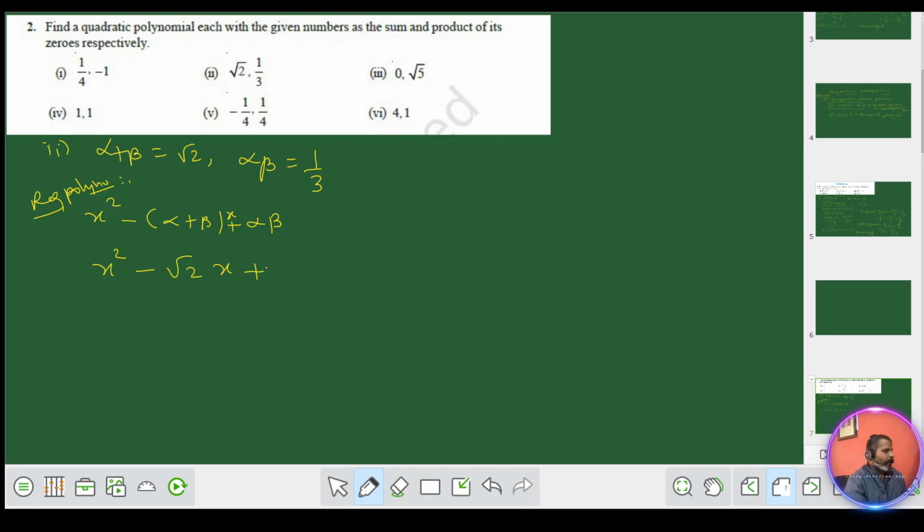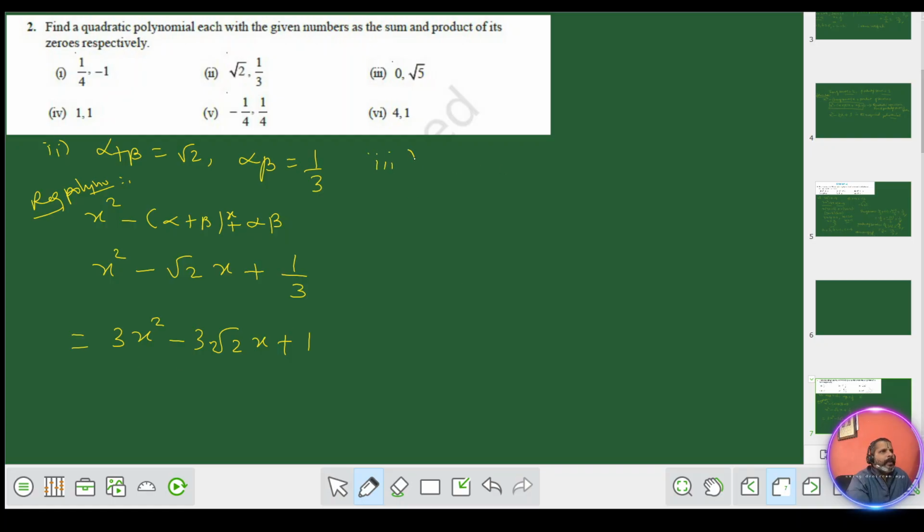What is alpha beta here? 1 by 3, right? So this can be written as, just take LCM here, 3x square minus 3 root 2 x plus 1. This is how it comes. Where the denominator 3 goes, you can leave it.